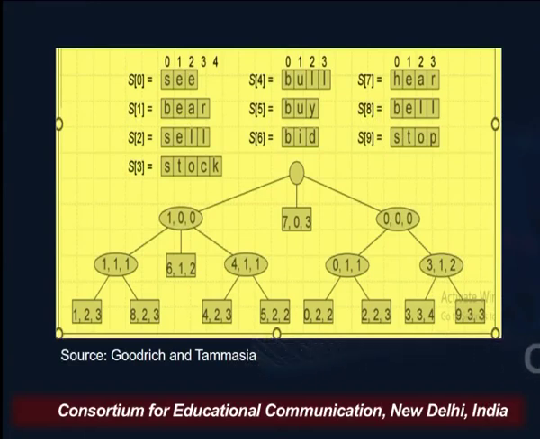That means S of 1, which is beer, starting from 2, which is A, ending at 3, which is R. That means both the characters A and R. So B is stored in the form of 100, E is stored in the form of 111, and A and R are stored in the form of 1, 2, 3.